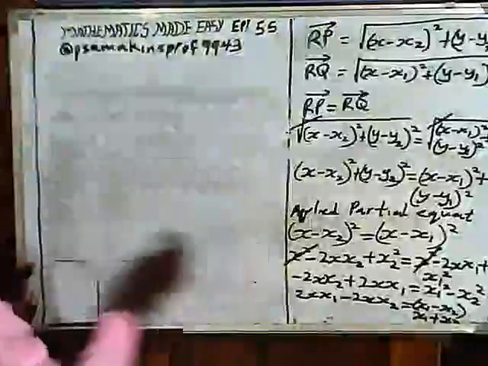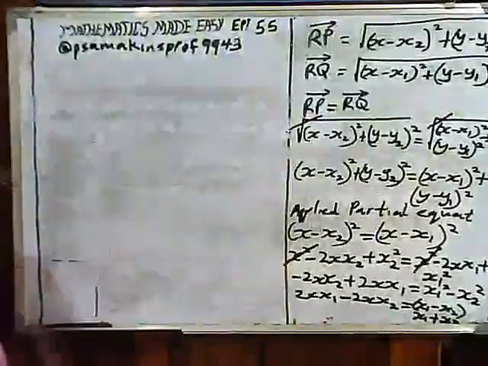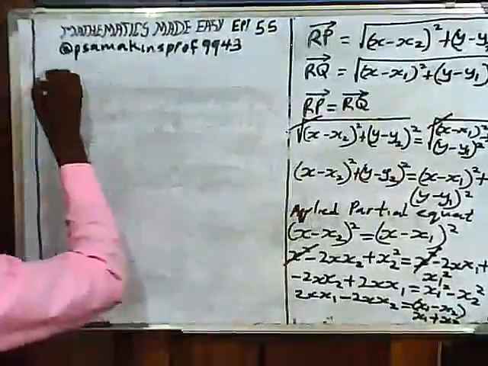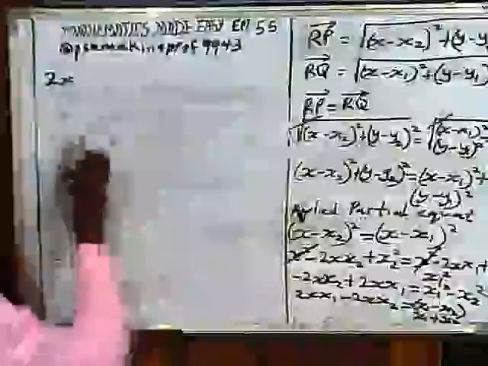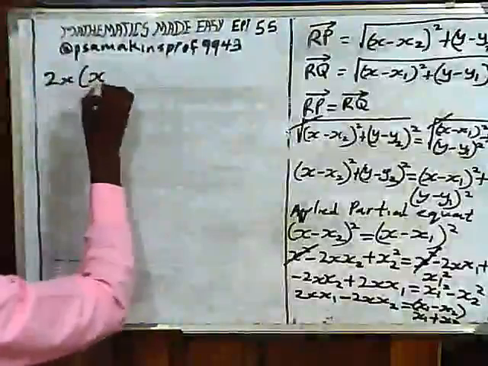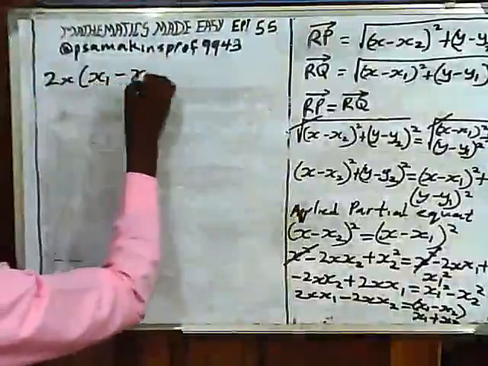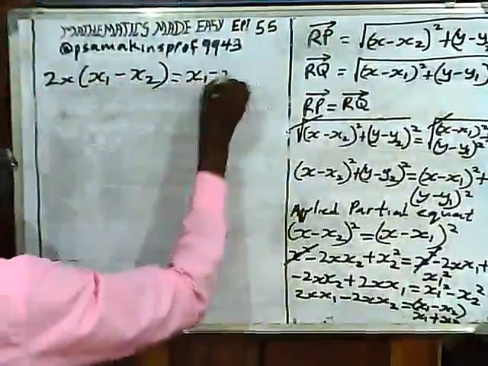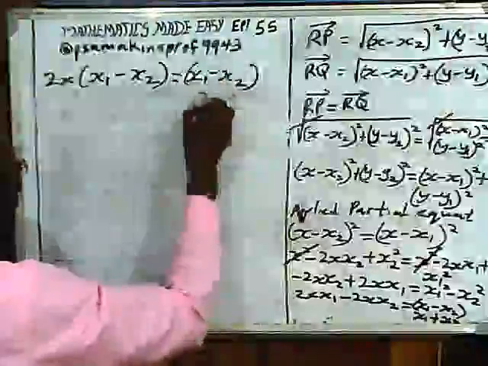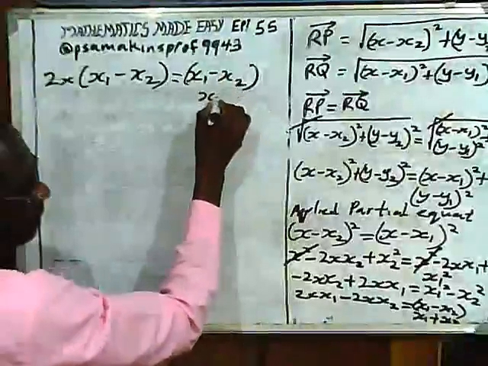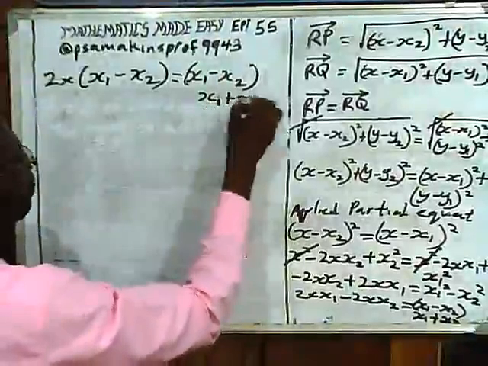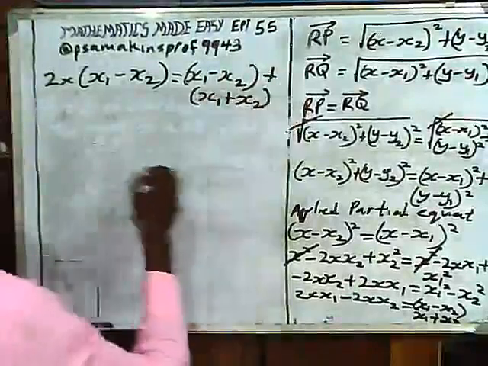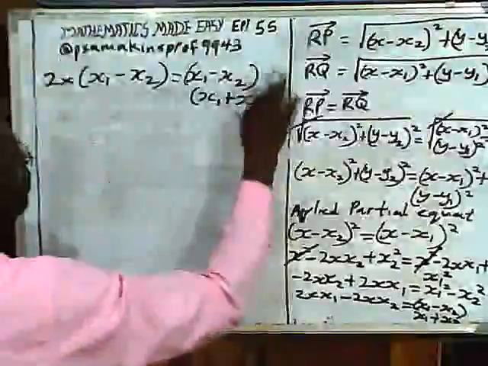So we can now see that 2x is common. So let's bring it out. That will be 2x into bracket x1 minus x2 equals this one. We have x1 minus x2 into x1 plus x2, difference of 2 squares. Then this is multiplication.